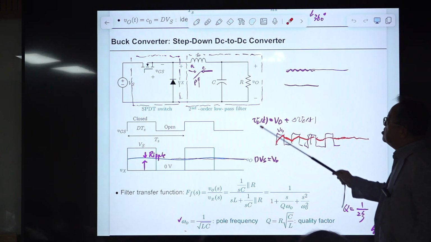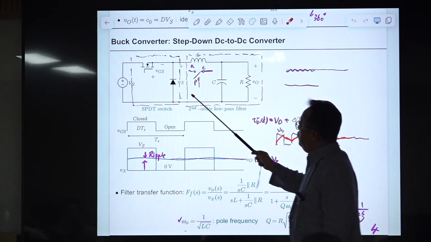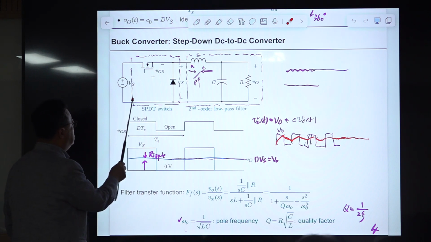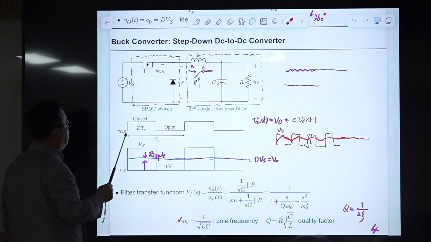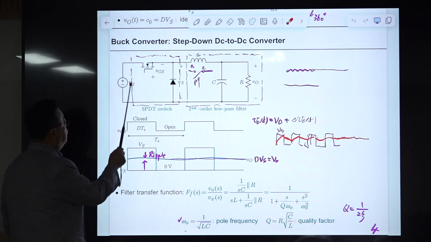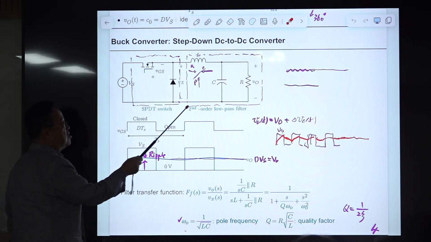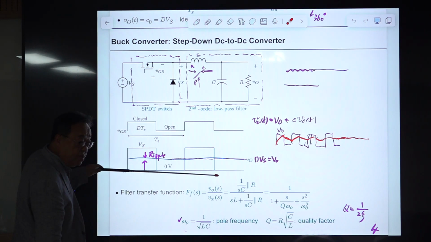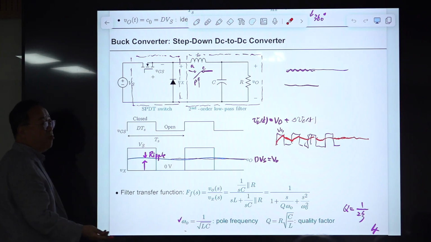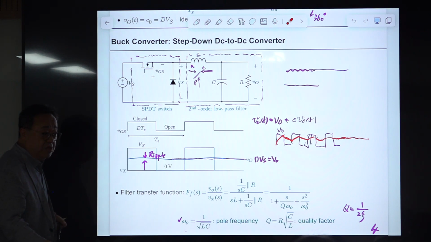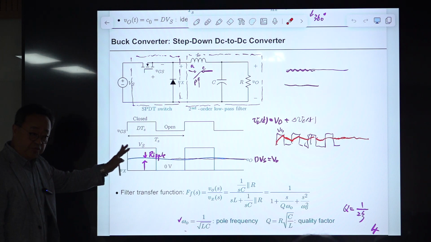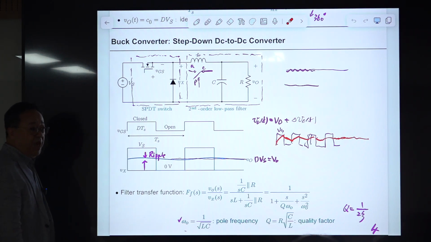So we use this second order low pass filter, and with this set of two switches and this voltage source we generate this pulse waveform from one fixed voltage, and the low pass filter simply generates the average value of it. In principle, this buck converter is extremely simple: just this pulse waveform followed by a low pass filter. That is the basic structure of the buck converter.